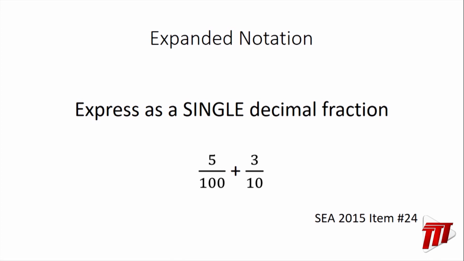So let us express 5/100ths and 3/10ths using a diagram. So we have our whole. I prefer to represent 3/10ths first because I want to reinforce the idea that 1/10 is equal to 10/100ths.